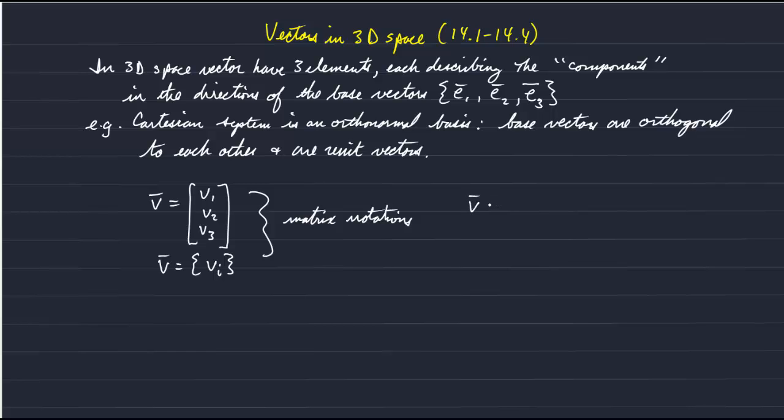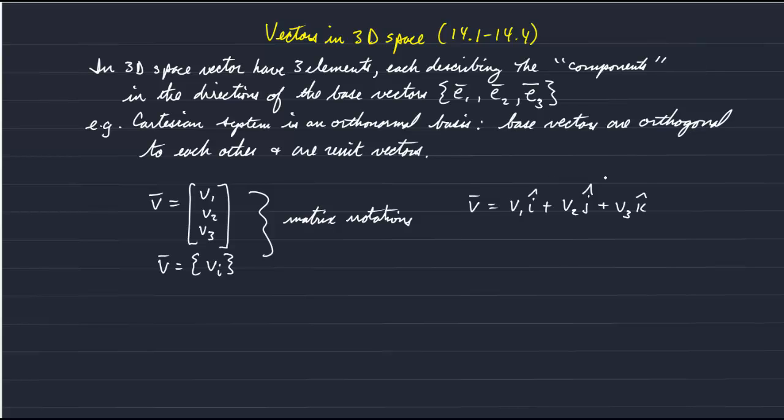Equivalently, we could describe the same vector as a vector sum in that it is directed with a magnitude of v1 in the i hat direction, if we're using, for example, Cartesian coordinates, v2 in the j hat direction, plus v3 in the k hat direction.